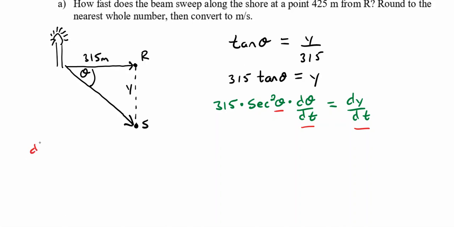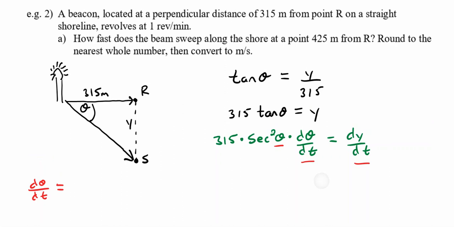So d theta dt is equal to, and what do you think that relates to in our question? It's going to be for time, isn't it? How about that one? 1 revolution per minute, right? That's probably going to be how fast our angle is changing over time, right?